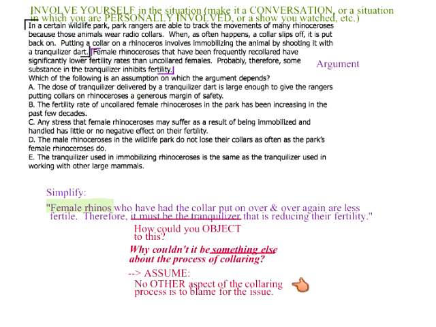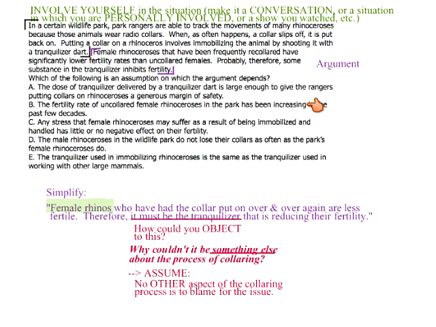Other aspects of the collaring process are not to blame. So A, the safety of the people putting the collars on there, we don't care. That's not what we're talking about right now. B, the fertility rate of uncollared rhinos has been increasing, not really a factor, because we're not talking about the uncollared ones.